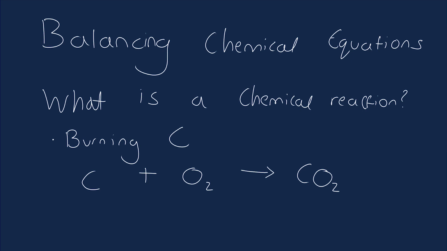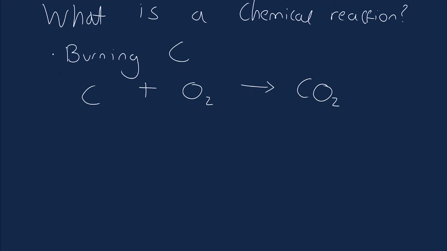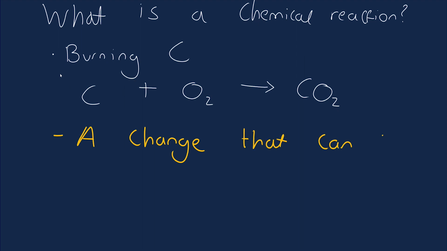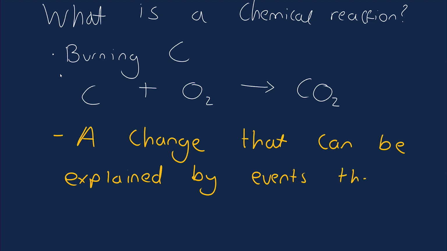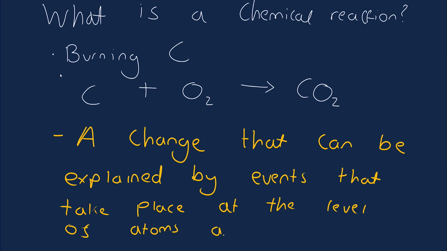So, one way of looking at it is to say a chemical reaction is a change that can be explained by events that happen, or take place, at the level of atoms and molecules.